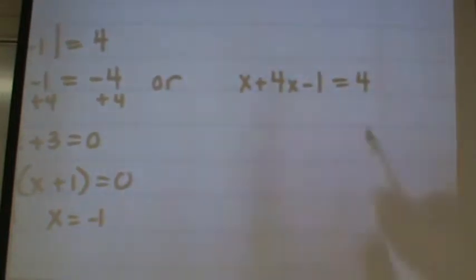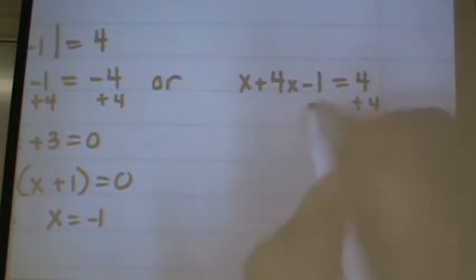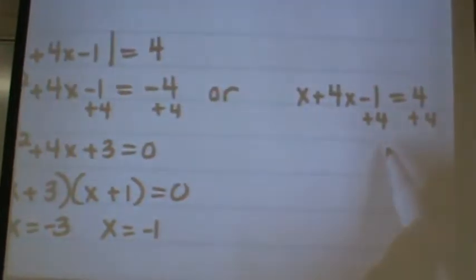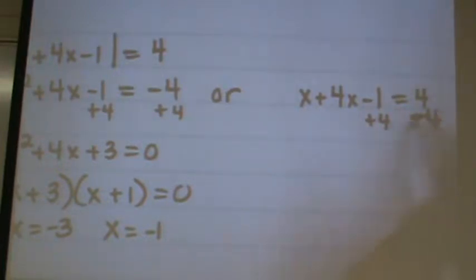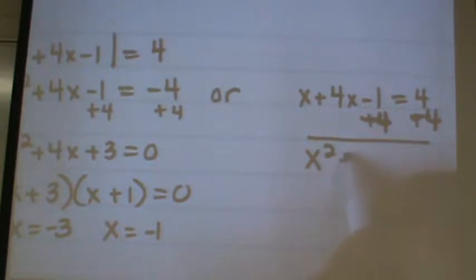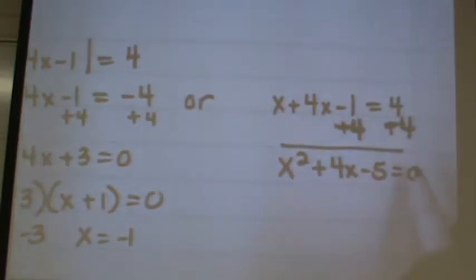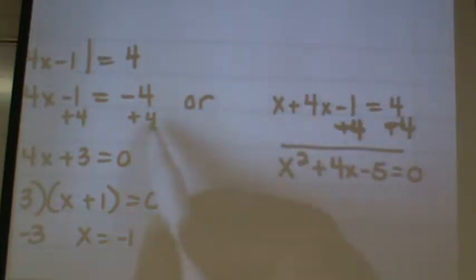The other side, we're going to subtract 4. My bad, subtract 4. You're going to get x squared plus 4x minus 5 equals 0. So here we added 4, the opposite.